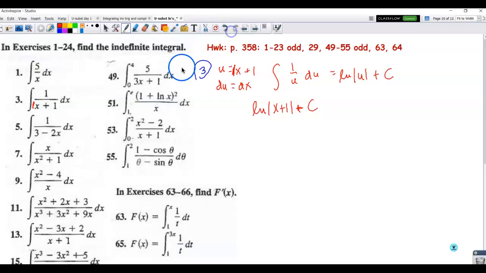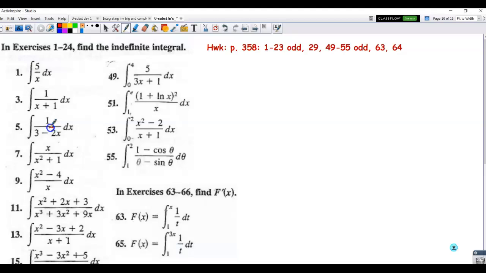Now in number 5, I am going to use u substitution because now the difference is the coefficient of x is not only 2, there is a negative or a minus in front of that. So in number 5, I'm going to let u equal the denominator, 3 minus 2x. du is equal to negative 2 dx. When I use my math eyes to look, I know that there's not a negative 2 in the problem.